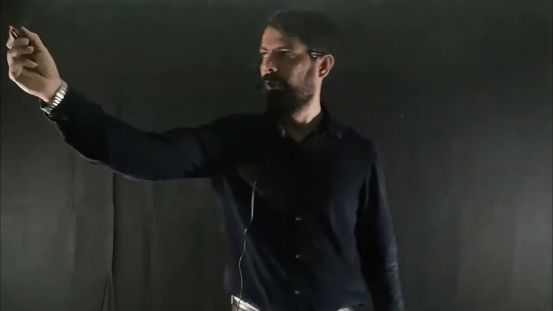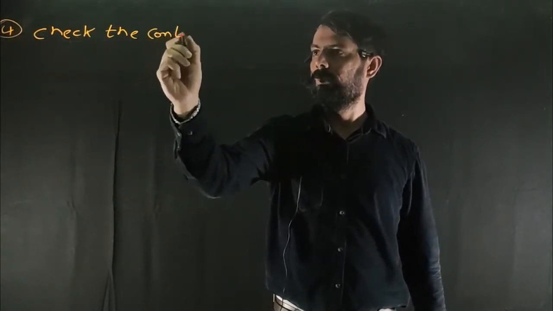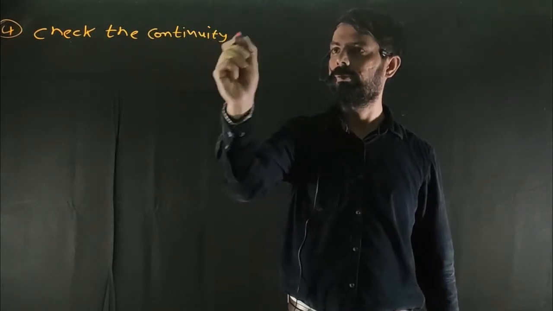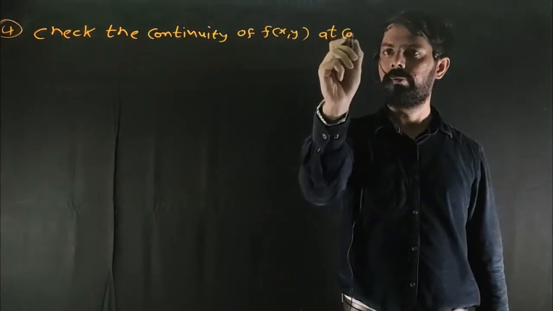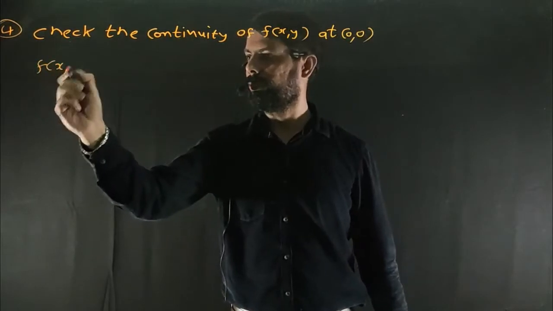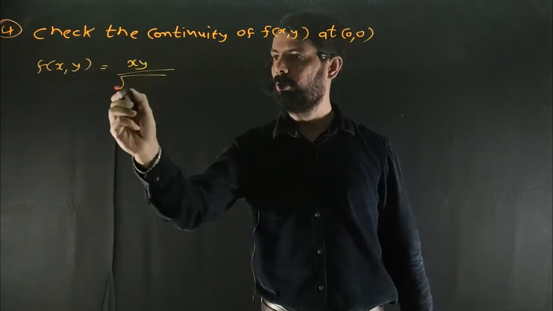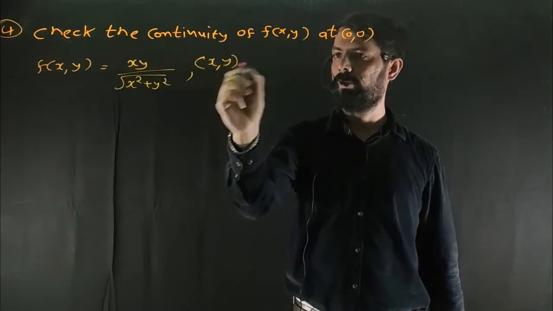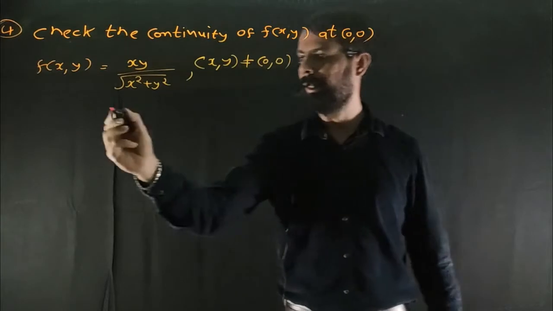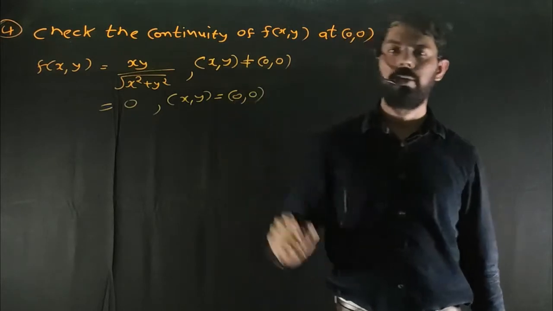Now we will discuss next example of continuity. Check the continuity of function at origin, and the function is xy divided by under root x square plus y square for x, y not equal to 0, 0, and it is equal to 0 for x, y equal to 0, 0.